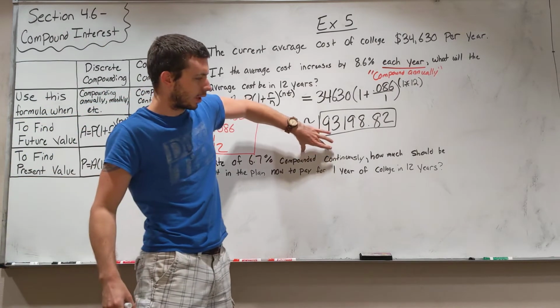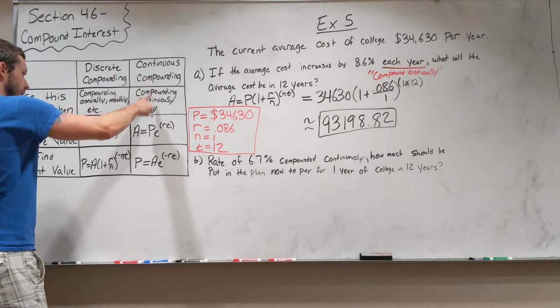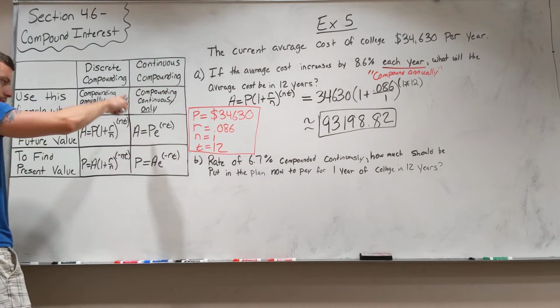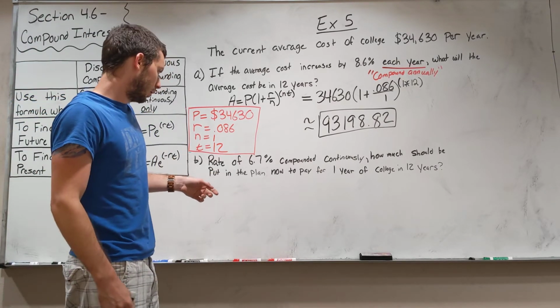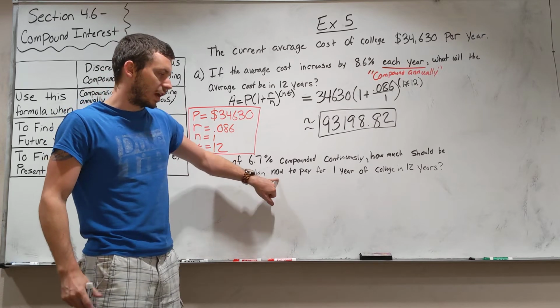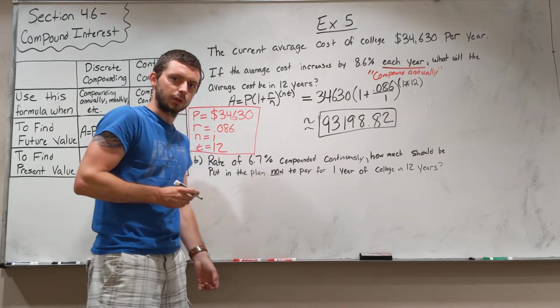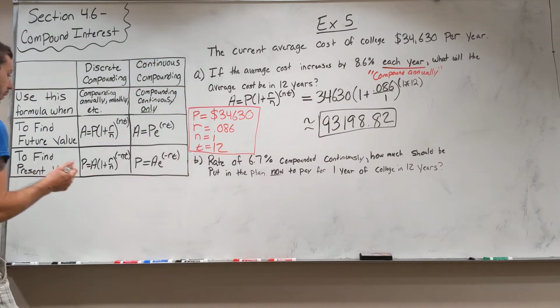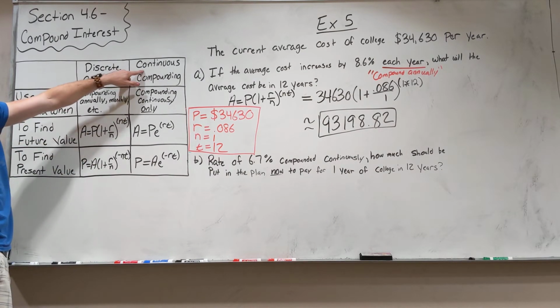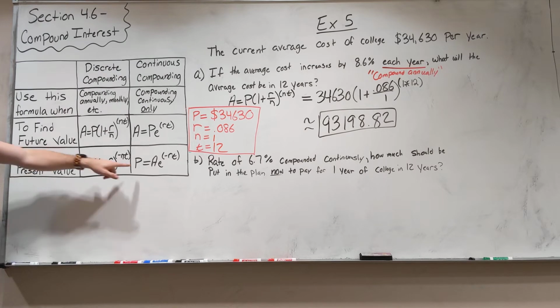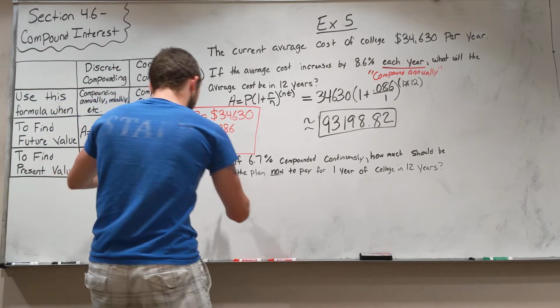Now, if anything, they tell us compound continuously, so that means we're on this row. And so one of the indications here, how much should be put in now? So now here seems to be a good keyword to imply that we're looking for the present value. So continuous compounding, present value, we use exactly this formula.